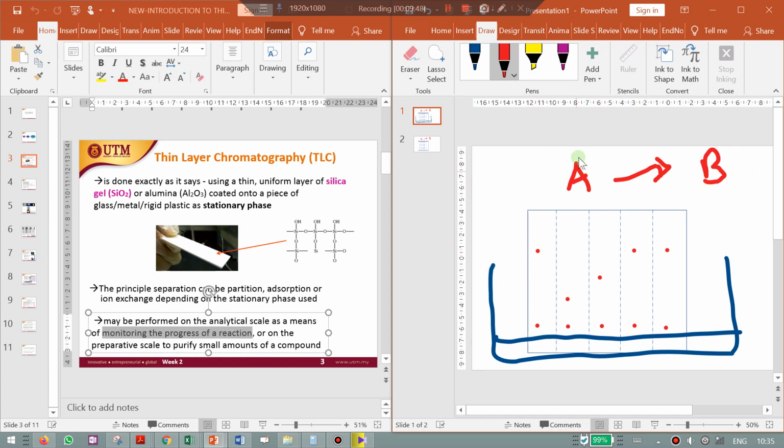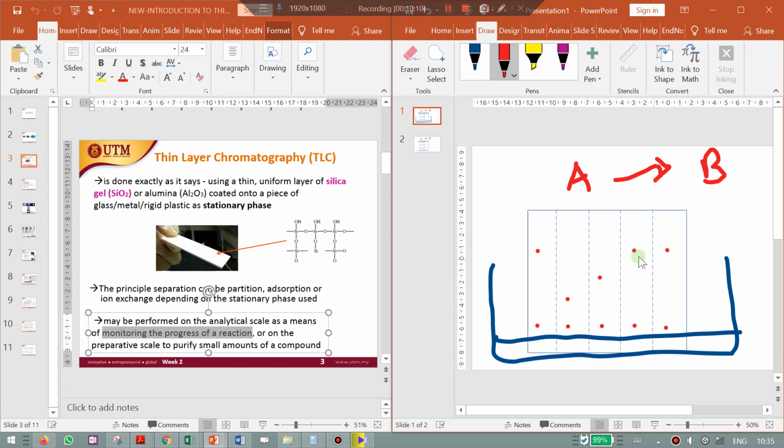You have 4 methods of extraction. Here is method 1, method 2, method 3, method 4. We have 4 methods of extraction that you want to use to purify from A to B. So you know that methods 3 and 4 can give a pure compound.